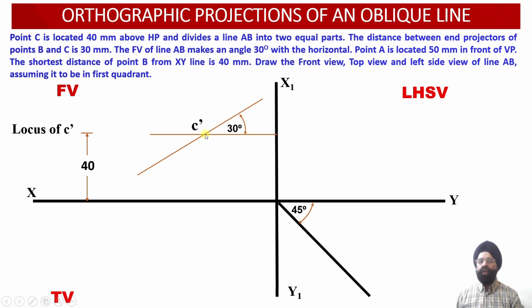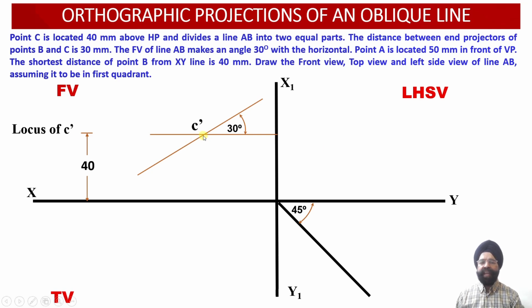Another thing, we know that this point C dash is going to be located at the midpoint of the line AB. That is, on this side we will obtain A dash C dash, and on this side we will obtain C dash B dash. So A dash C dash will be equal to C dash B dash in projection over here. Now we have been provided with another piece of information that the distance between the end projectors of points B and C happens to be 30 millimeter, measured along the XY reference line.